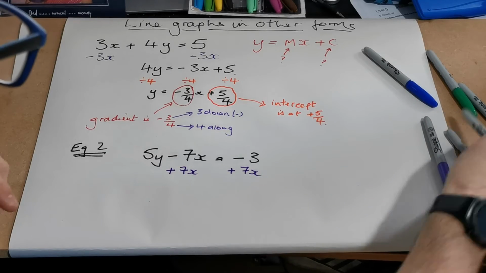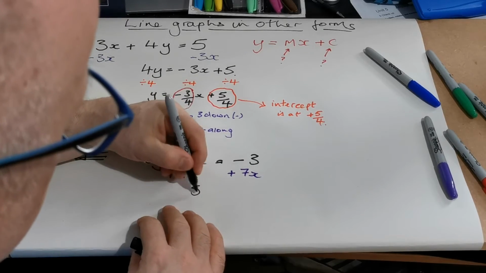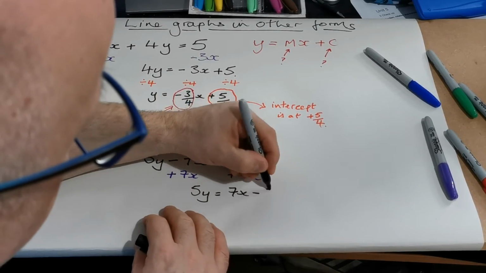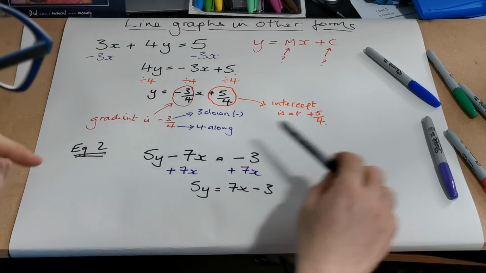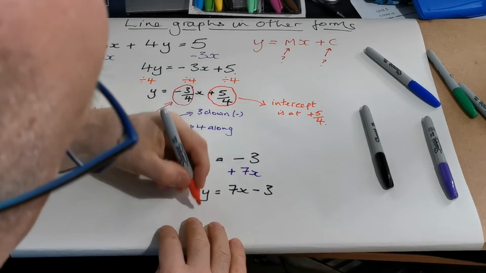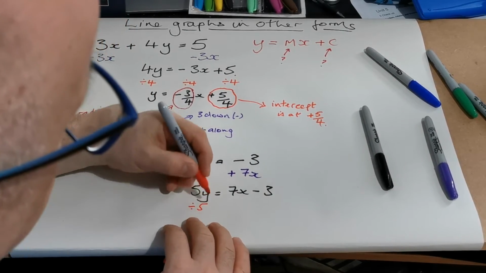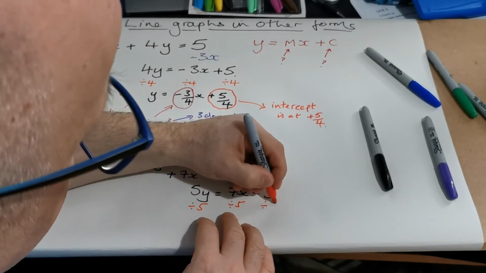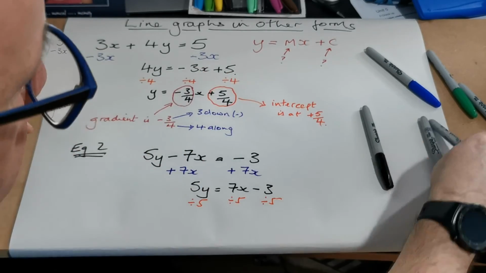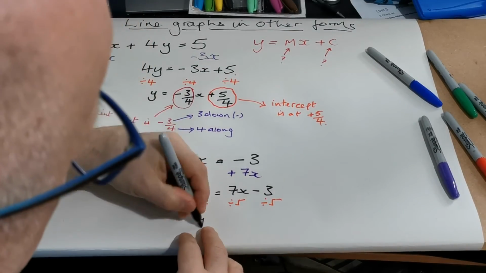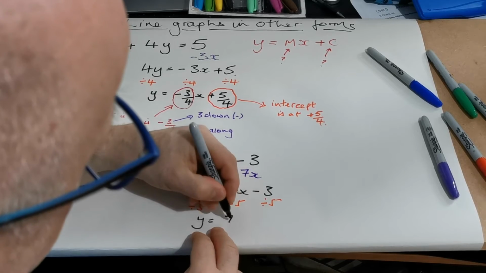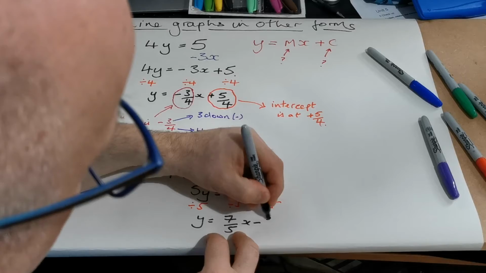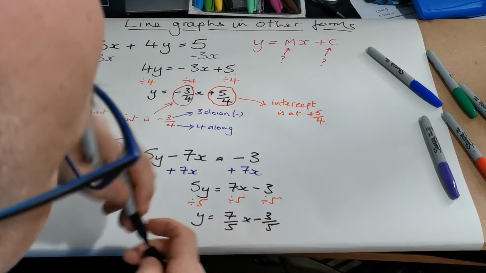So I'm left with 5y is equal to positive 7x, take away 3, and then we have to divide both sides by 5 this time, remembering to divide everything on both sides by 5. So I get y is equal to 7 over 5 x minus 3 over 5.